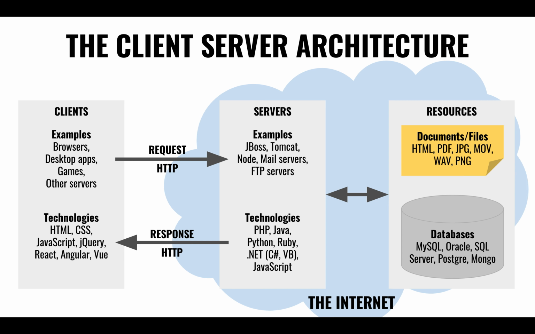On the server, there are certainly many different types of servers, but we're going to stick to Node.js and a Java server, so a Java server and a JavaScript server, which is Node.js. And these servers we're oftentimes going to refer to as the middle tier.